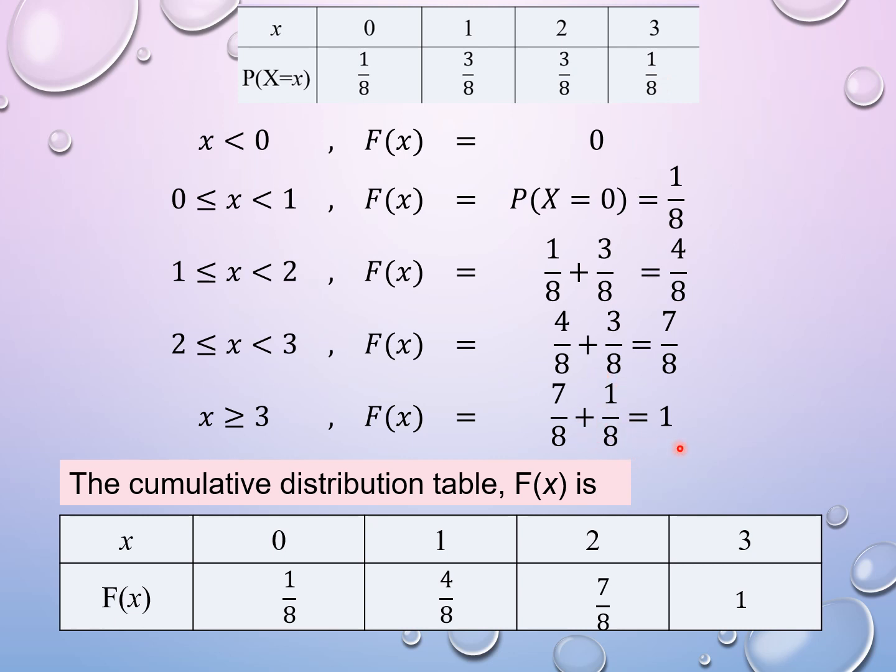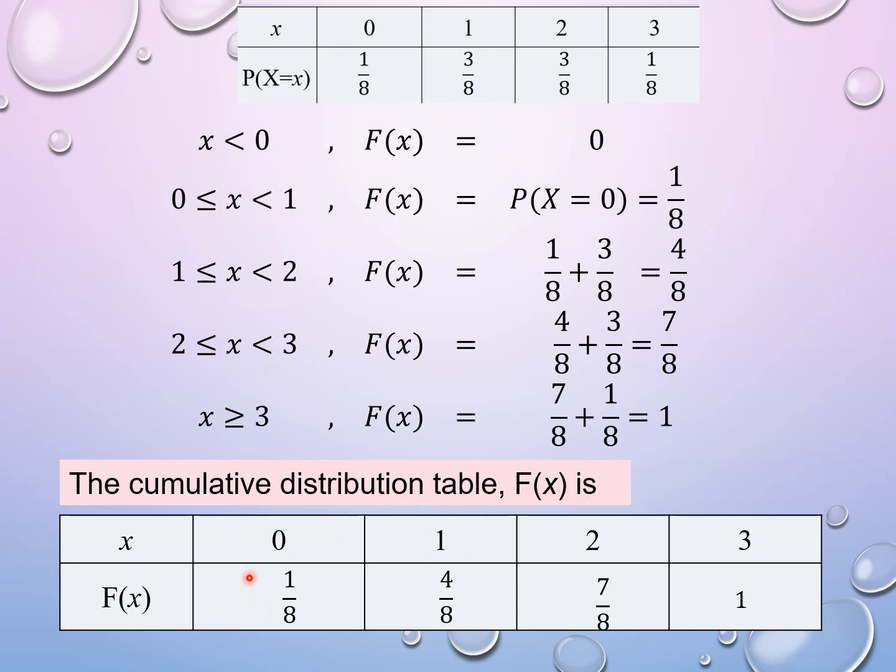So you have 1. It must be 1. Otherwise, your answer is wrong, because we know that the total sum of a discrete random variable probabilities is 1. So now you have the cumulative distribution table.